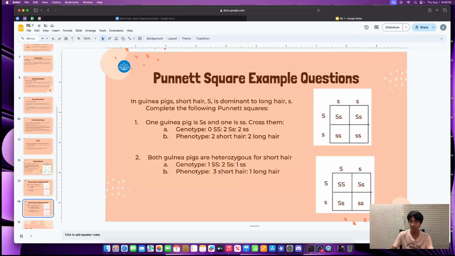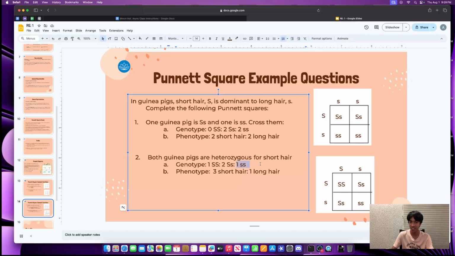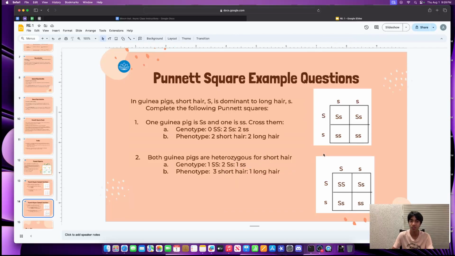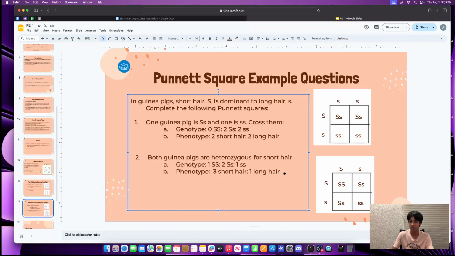And then the other one is both lowercase s, which will lead the organism to have long hair. So 75%, right, will have short hair, which is 3, and 1 will have long hair, because there was 1 with SS, 2 with S and then lowercase s, and 1 with lowercase s.